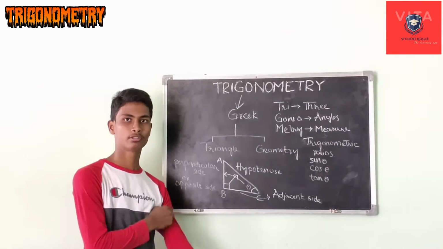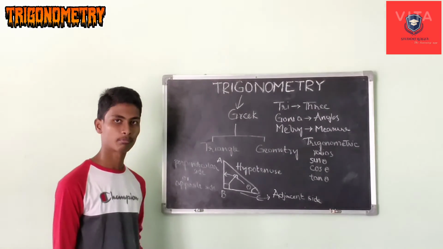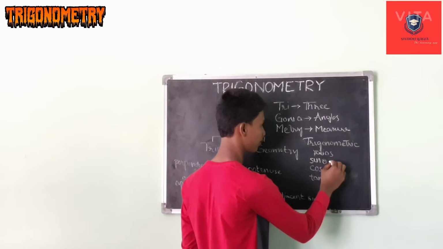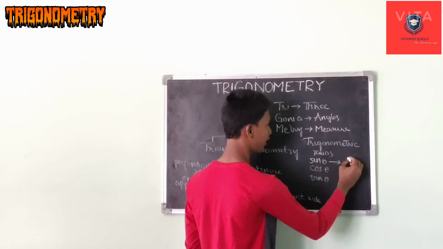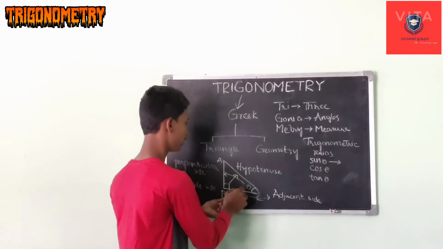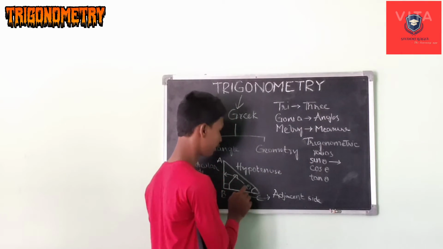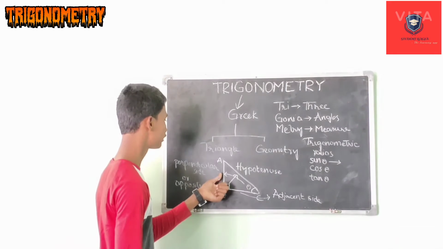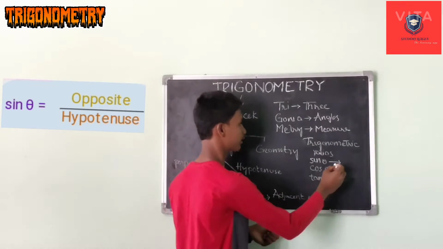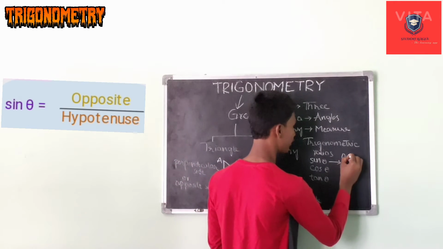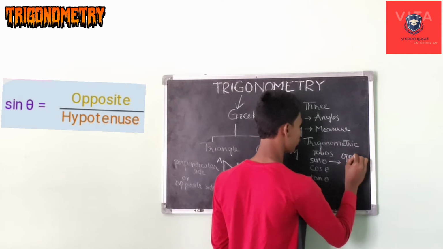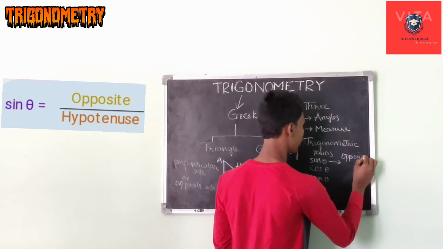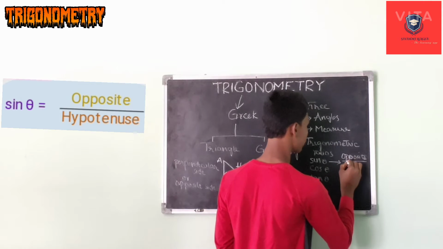Why, sir, have you told only three? There are three more you can remember. Sin theta: we are applying the sin formula for theta. So sin theta is opposite side by hypotenuse.